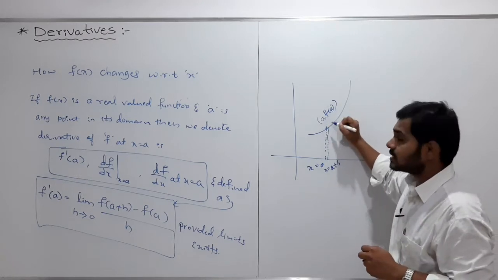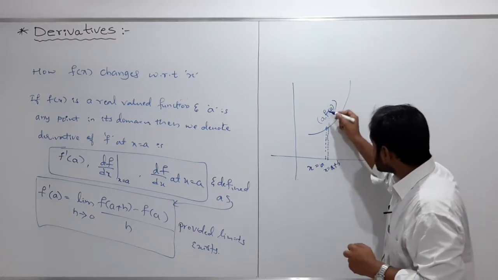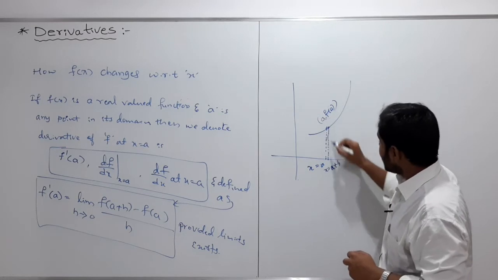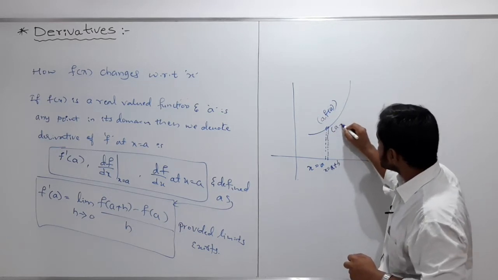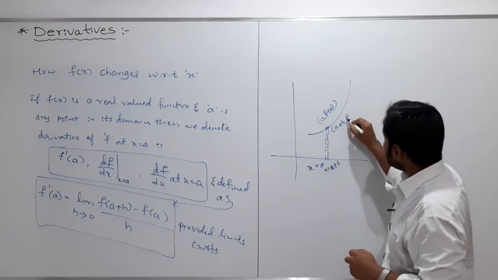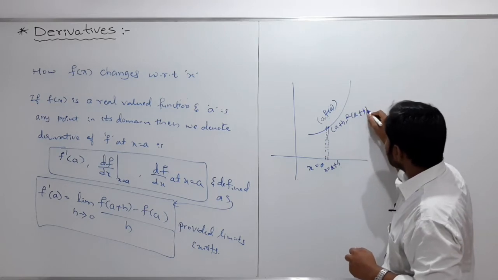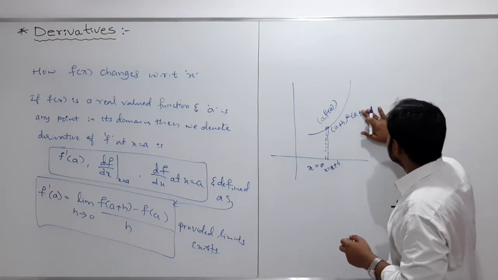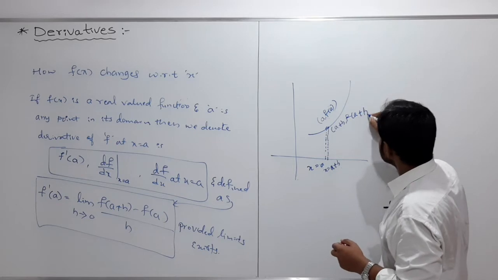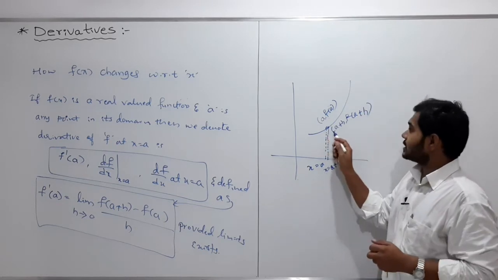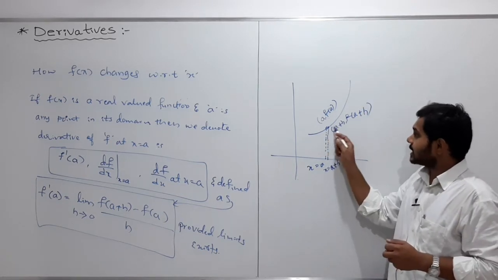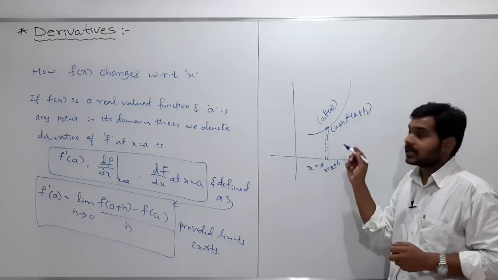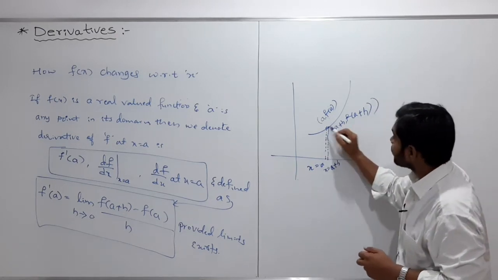Similarly, this point is x is equal to a plus h, the coordinate is a plus h comma f of a plus h. I hope you are getting it, my dear students. So these are the coordinates.